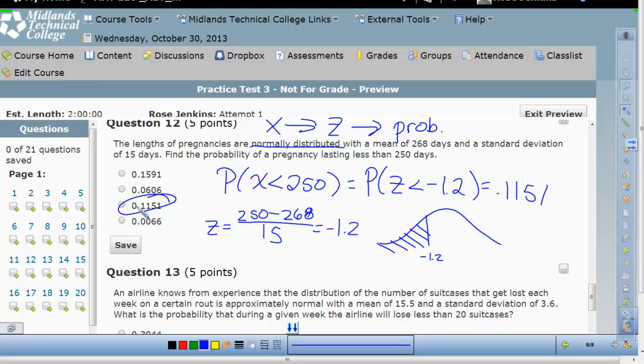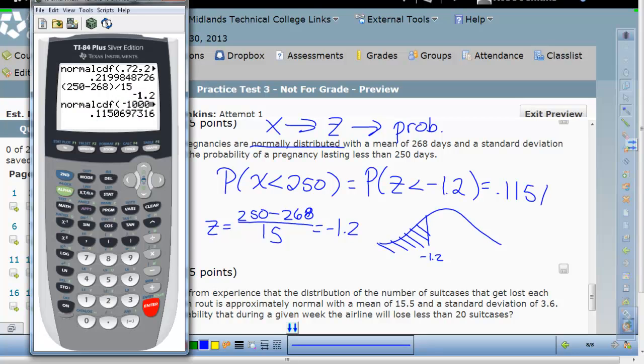Okay, questions about that? Will it know your answer if you put in a negative value that's too small? No, I don't think it's going to make a difference, even if we said negative 10. Because remember, within 3 standard deviations of the mean, we have 99.7% of our data. So by the time you go out to 4, you're splitting up 0.3% of the data.